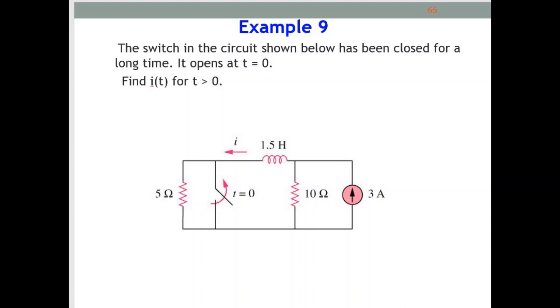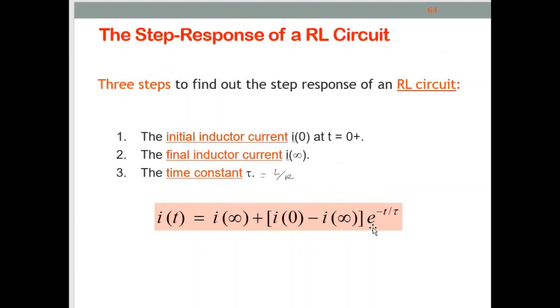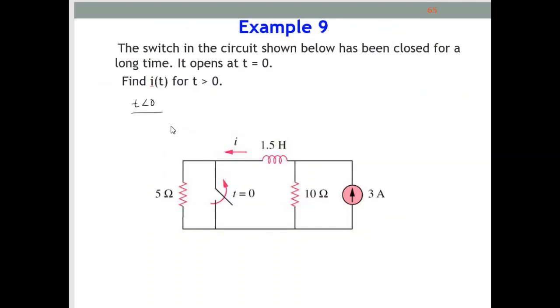So first we need to analyze the circuit in two conditions. One is when t is less than 0. Remember that we will use this formula to find the value of i(t). So there are three elements that we are required to find: I naught or I initial, I infinity, and tau, L over R. Okay, back to here.